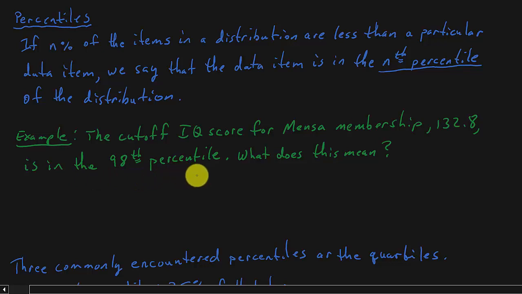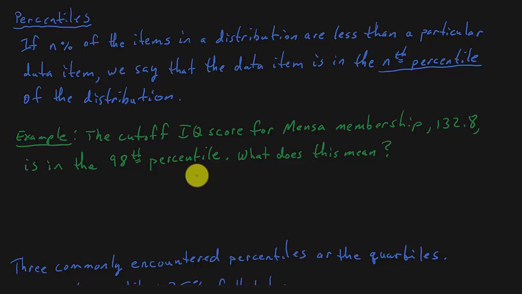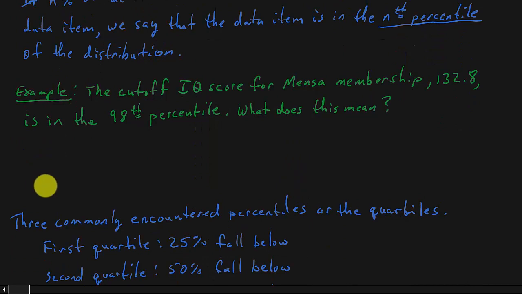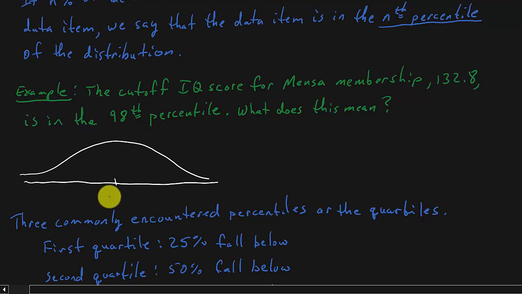What does this mean? All right. So it's in the 98th percentile. I'm guessing they're referring all these items back to the previous problem, the one that we just did.